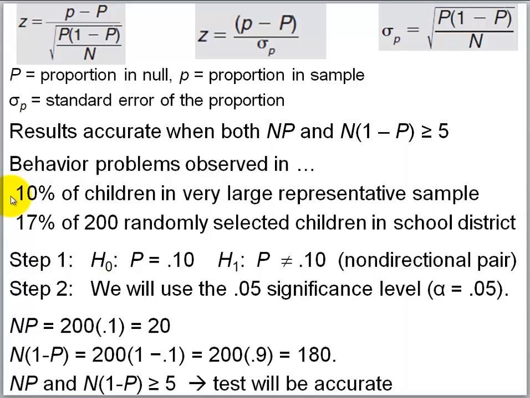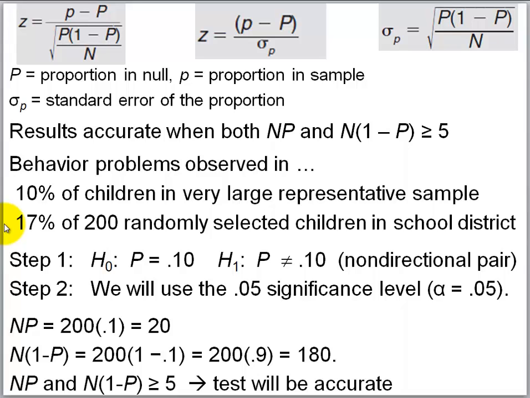Now then, in your particular school district, you take a random sample of 200 kids from your district, and you find that 17% have serious behavior problems as indicated by the behavioral measure.